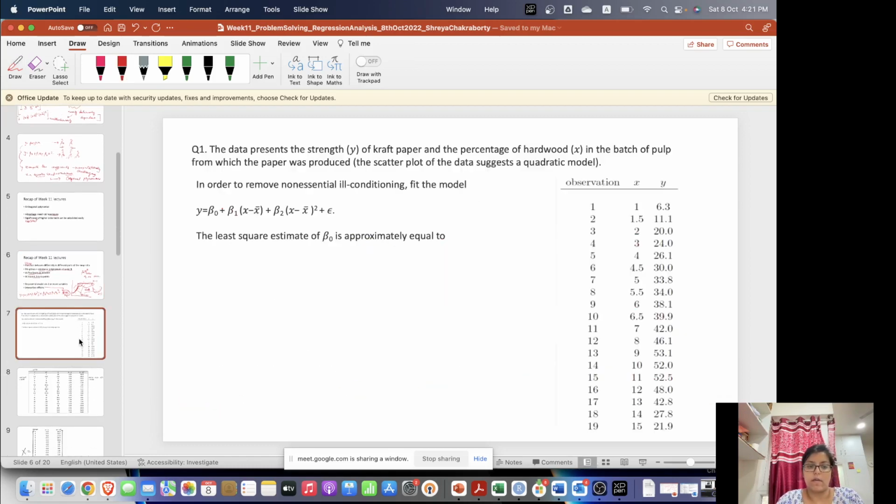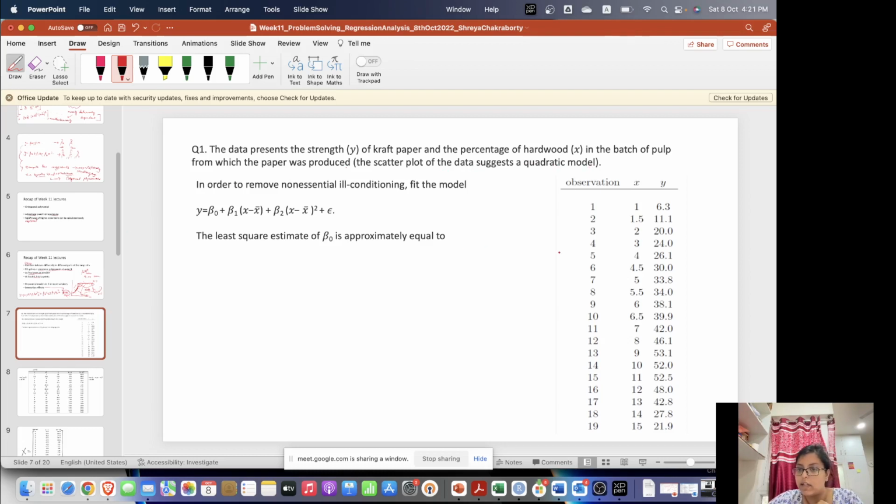So let's start. Look at this data. It presents the strength Y of kraft paper and the percentage of hardwood in the batch of pulp from which the paper was produced. The scatter plot of the data suggests a quadratic model.